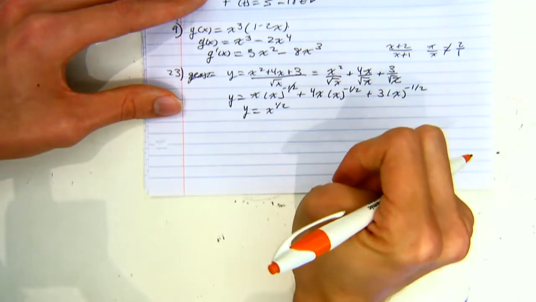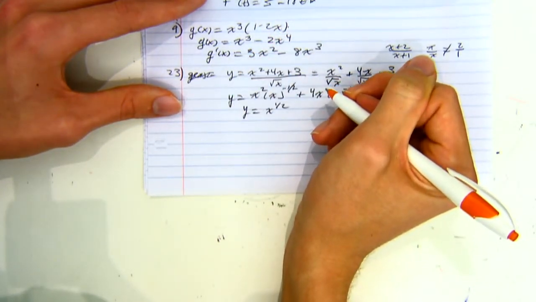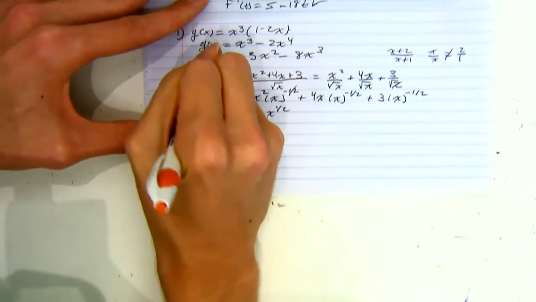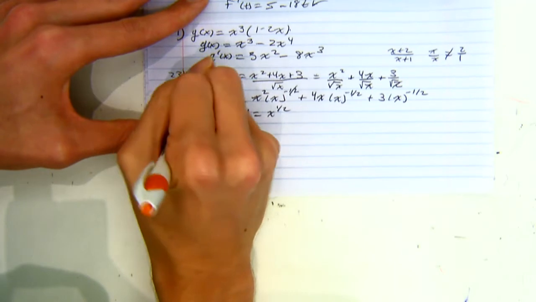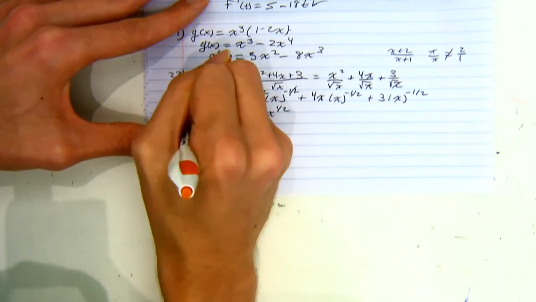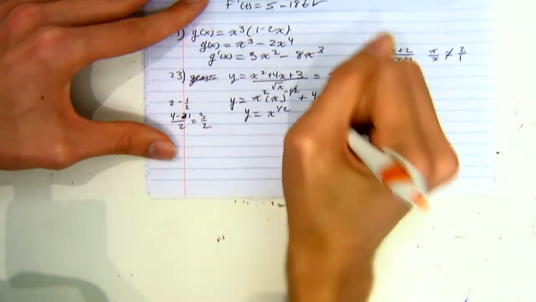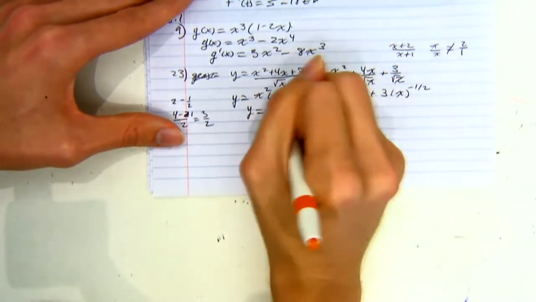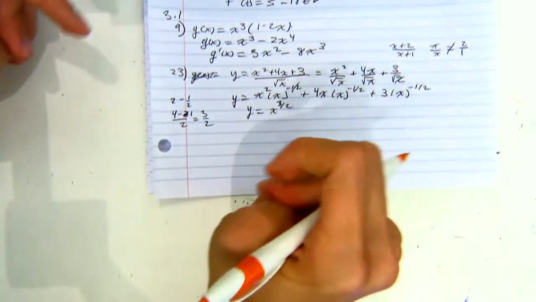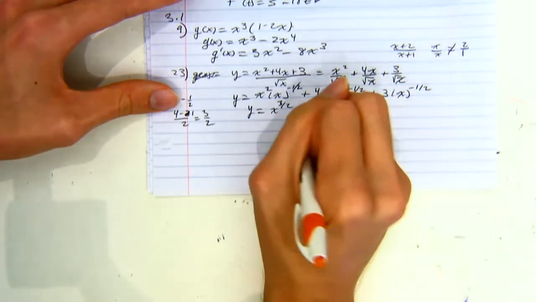Actually, wait. There was a square. So now it's, wait. No. What am I doing? Yeah, it's 3/2. Because all you're doing, since you're multiplying, you're just going to be subtracting their exponents.